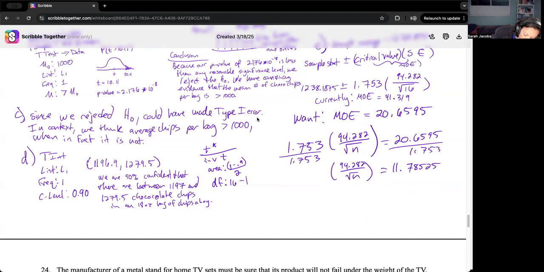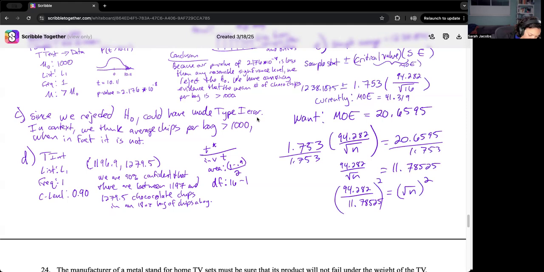We don't actually need these parentheses anymore. These are going to switch places. So we're going to get 94.282 just because when we multiply by the denominator and divide to isolate, 11.78525 equals root n. Then we're going to square both sides to undo that.